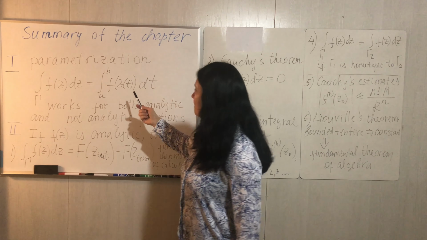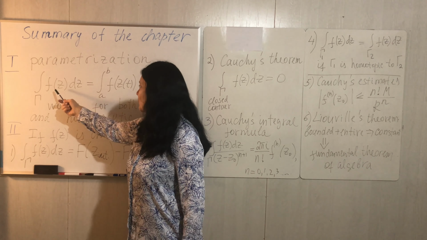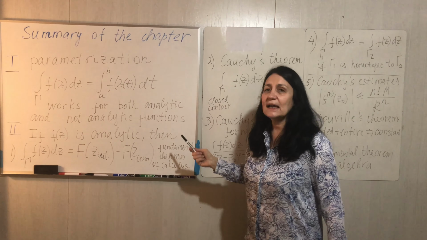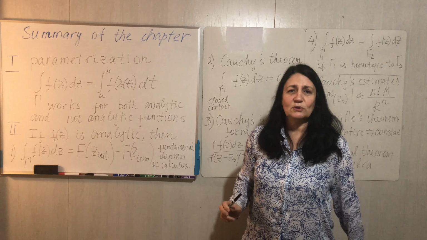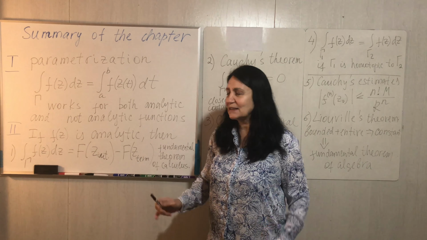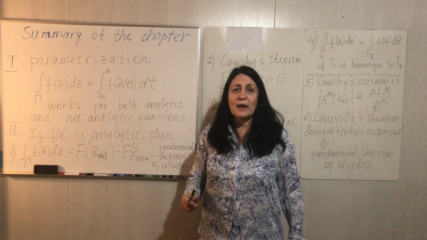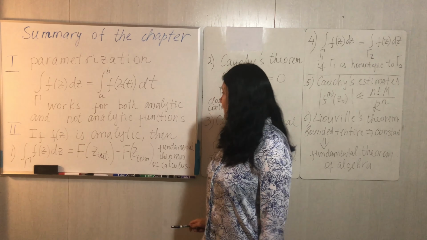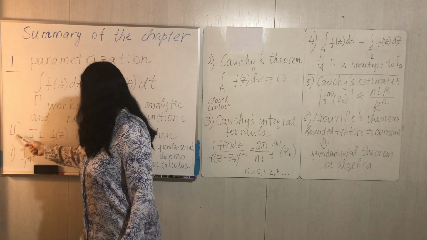So the advantage of this method is that this method of computations works for both analytic and not analytic functions. So if you have a function and you're not sure whether or not it's analytic, you can use parameterization. If we have an analytic function, then we have some special results. I mark them with 2.